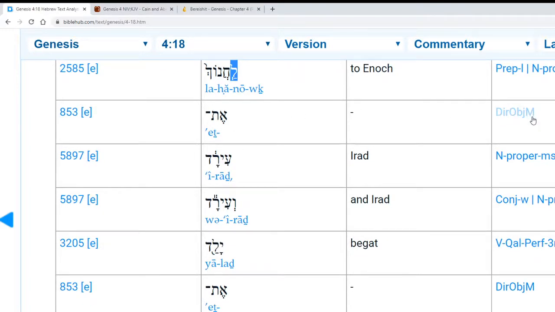So the direct object marker. And actually, you'll see sometimes there are ets and there aren't when we talk about begats. And actually, there are explanations, like I said before, the et direct object marker, which doesn't translate to the English.